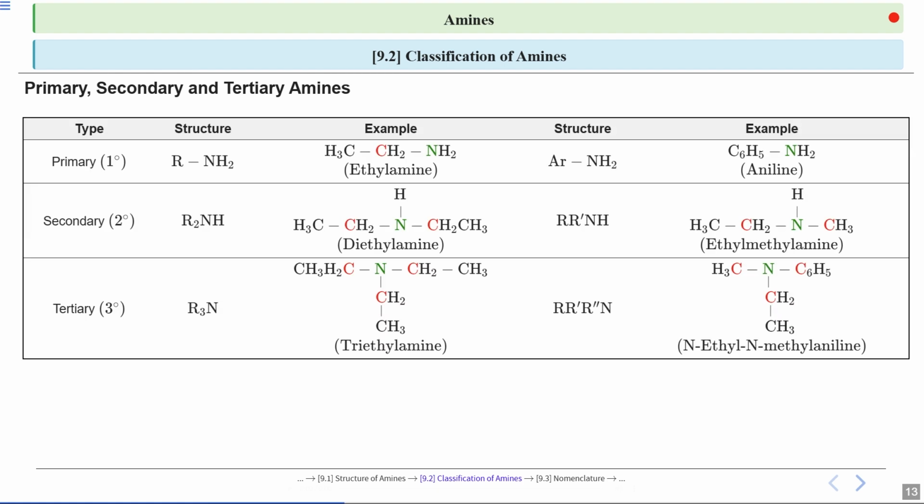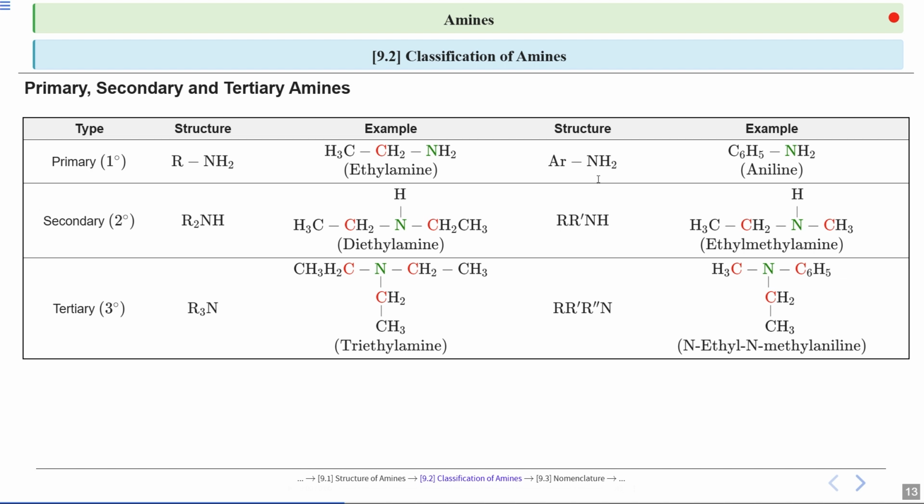Now, let us look at this table, which is based on the classification of amines. If you look at the primary amine, one of the hydrogens is replaced by an alkyl or aryl group. You will see one hydrogen is replaced by this R group. Here I have replaced one hydrogen with the ethyl group, so I got ethylamine.